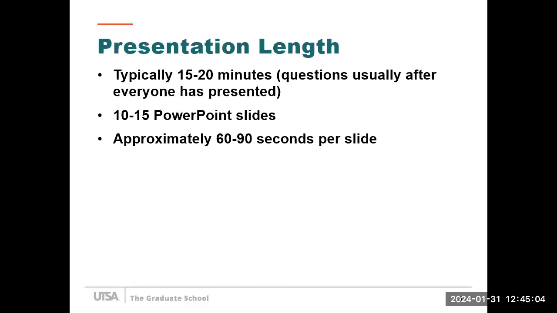So the presentation length for academic research conferences is normally about 15 to 20 minutes to get your research, your talk, across. I liken it to a plane at an airport. You're taxiing onto the runway, you are cleared for takeoff, you go down the runway, you get it up in the air, level off, then your descent, then you land, and then you're back at the next gate in 15 to 20 minutes.